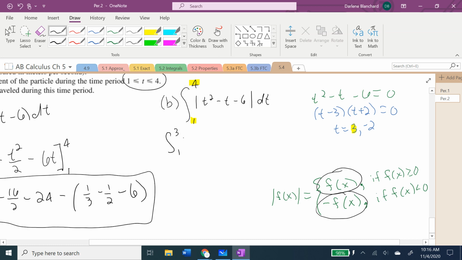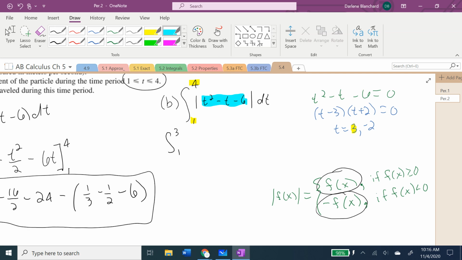So if my t is between 1 and 3, is this quadratic positive or negative? If t is between 1 and 3, is that quadratic positive or negative?